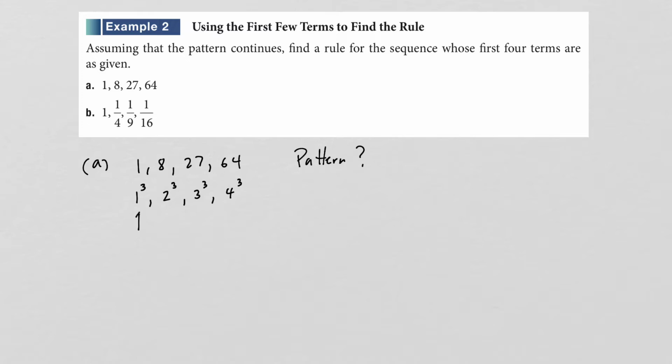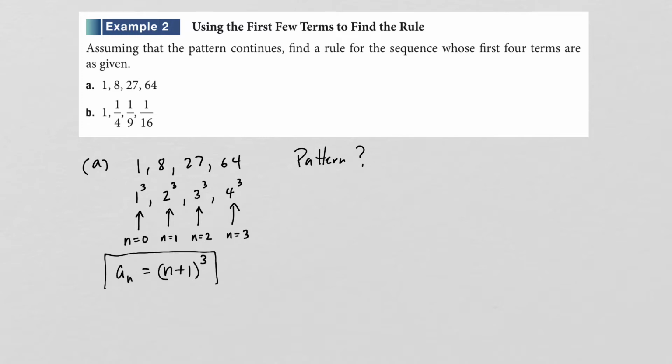And we want the first number to correspond to n equals 0, the second number to correspond to n equals 1, the third number to correspond to n equals 2, and the fourth number to correspond to n equals 3. So the rule for my nth term is n plus 1 to the third power.